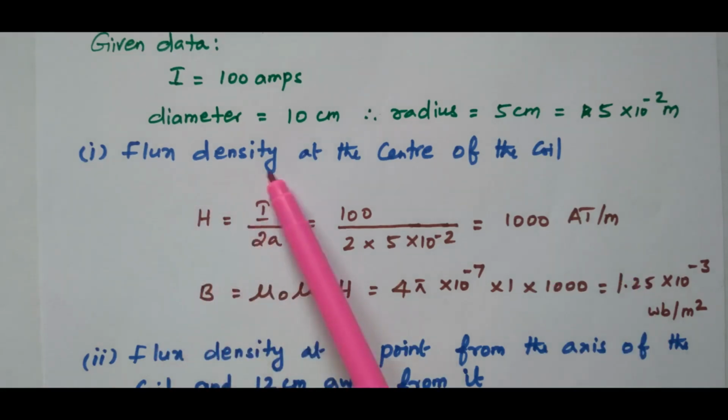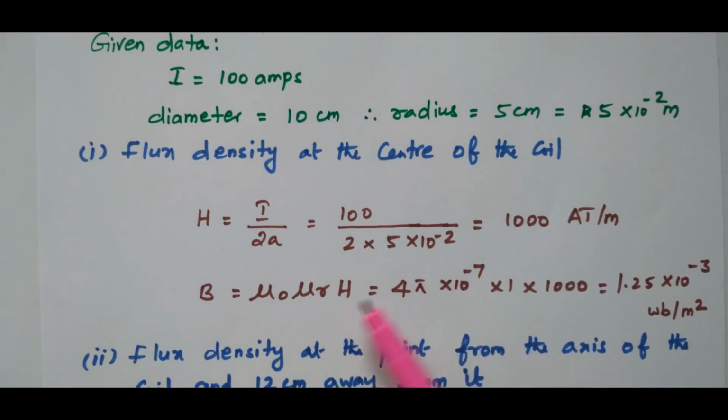But what we need is flux density. B is needed. So B equal to mu naught mu r into H. There is a relation between B and H available. B equal to mu naught mu r H. Mu naught is nothing but a constant, 4 pi into 10 to the power minus 7. Mu r is 1. We assume that it is an air medium.